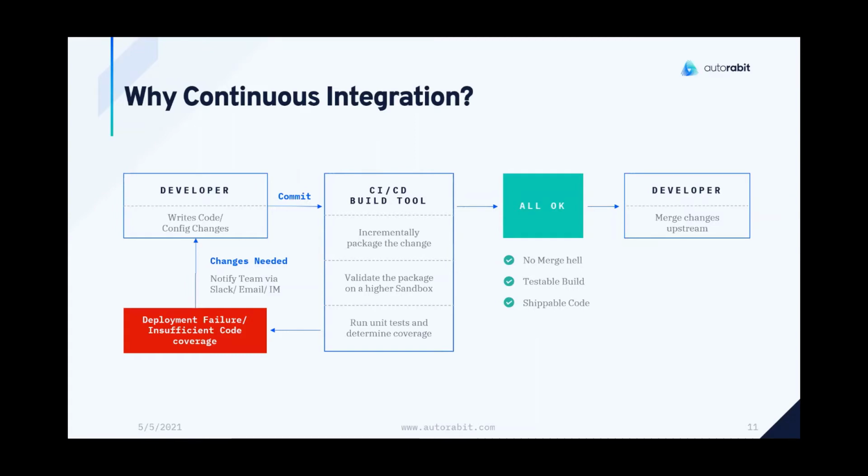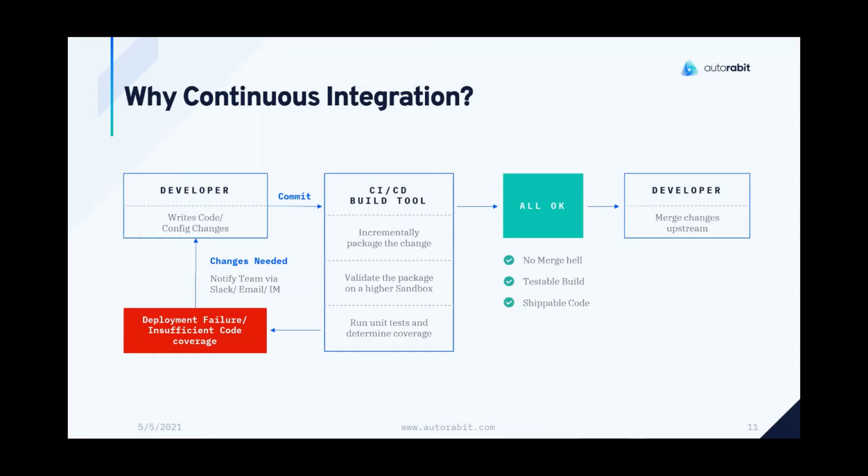So when you talk about continuous integration, what AutoRABIT basically does is you can think of us as a tool that packages your metadata members from a source environment, be it a version control or a Salesforce environment, and then reads the metadata and parses it so that it deploys only the changes in metadata to the target. That way, at the end of the day, you get a shippable code that can be promoted from a source to a target.